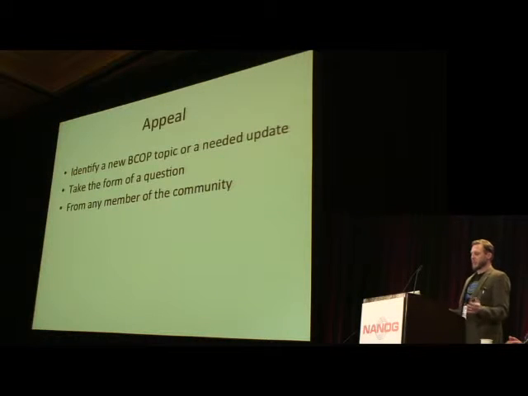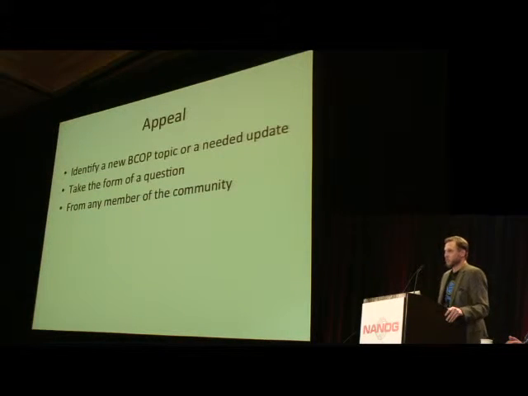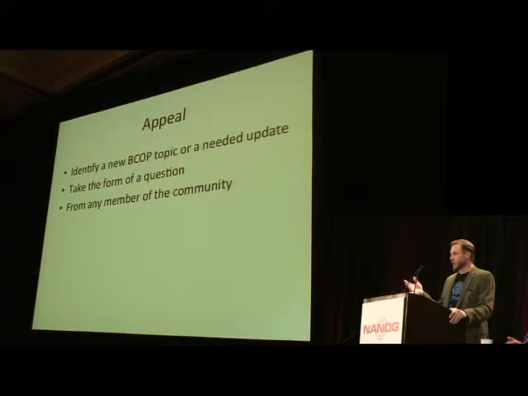So what's an appeal? An appeal is basically a question, right? How do I do this? Lee's example from the mailing list is a great one because as I've started working over the last several years with Aaron and others on this BCOP process, I've noticed those emails, and now they always stick out to me. Within the Nanog forum or other forums, there's a lot of this going on where someone says, hey, how do I do this?